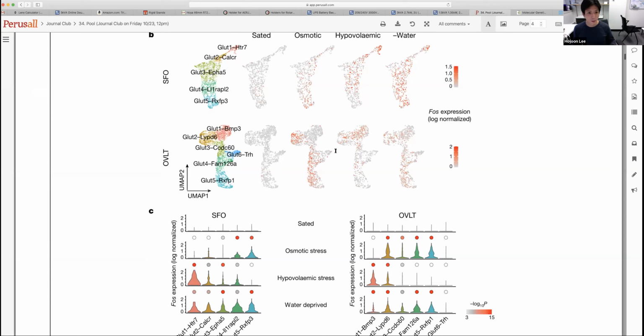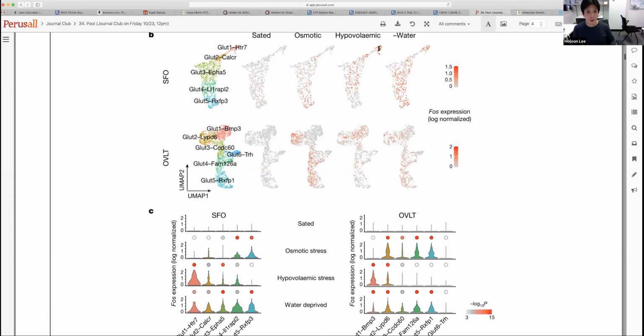Well, because it's pretty broad, right? I guess if it was up to me, maybe the BMP3 population seems to be quite active in the hypovolemic condition in the OVLT, right?